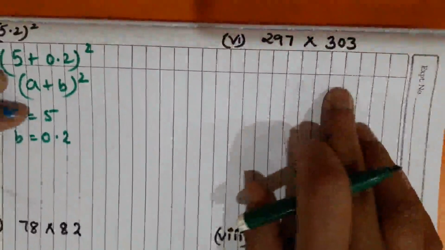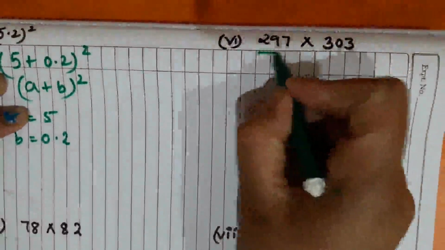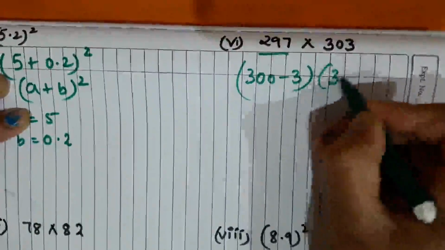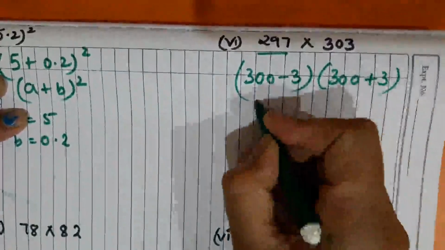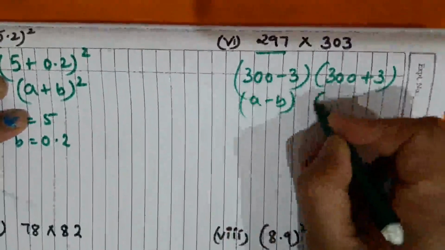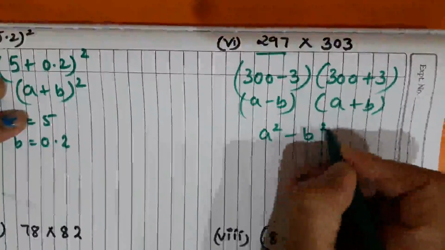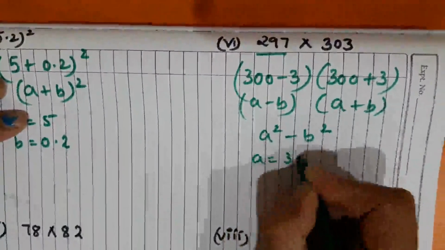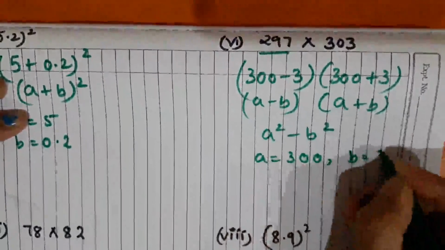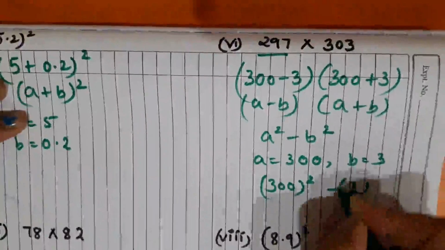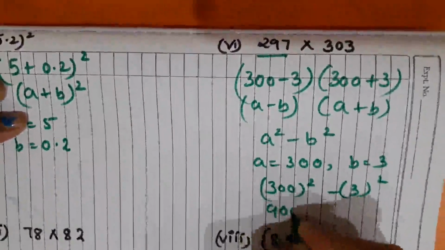297 times 303. So you can write 297 as 300 minus 3. Here you can write 300 plus 3. So this is a minus b and this is a plus b. The formula you can make is a minus b, a plus b. So a is 300 here and b is 3 here. So 300 whole square minus 3 whole square.